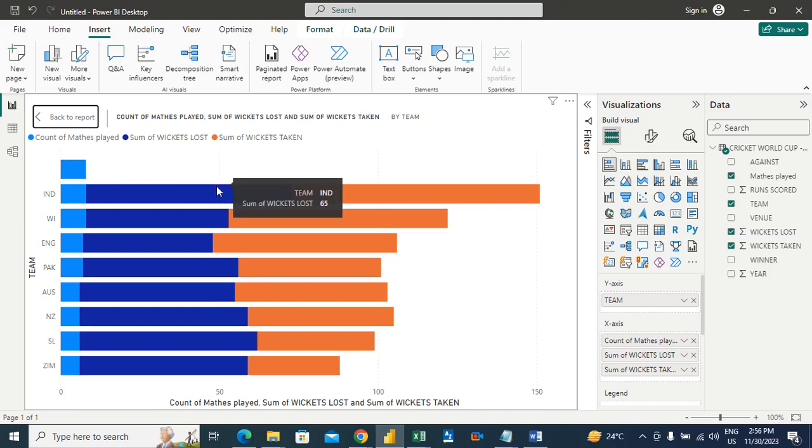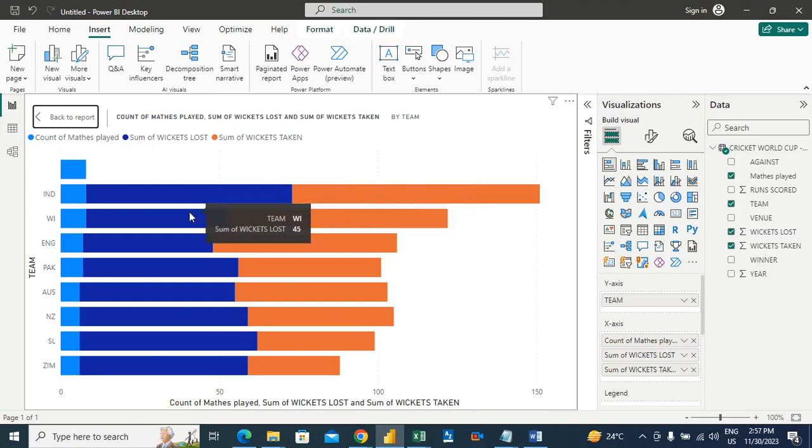The Indian team lost just 65 wickets, and in comparison we have taken 78 wickets. That indicates that our bowling lineup was good, and our batting was also good.